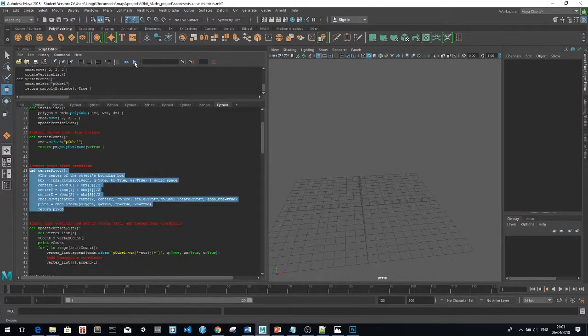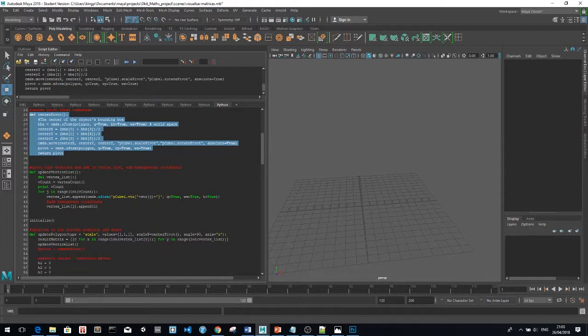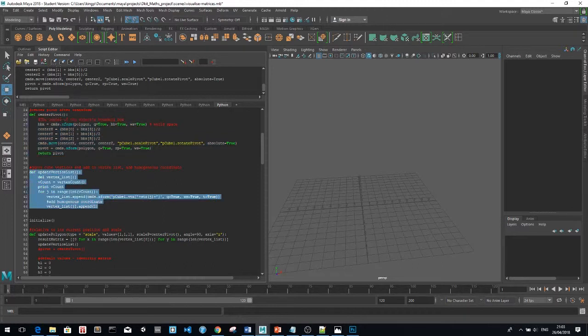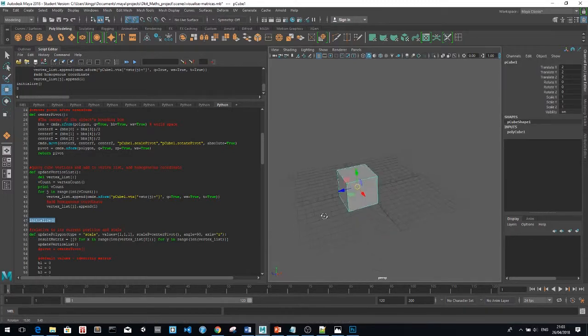This function will center the pivot after each transformation. This one here will query the cube vertices and add them to the vertex list, and it also appends a homogeneous coordinate that will allow vector operations to be represented as a matrix by which the vector will be multiplied. We can initialize that. So if we run our initialize function, we should get a cube.